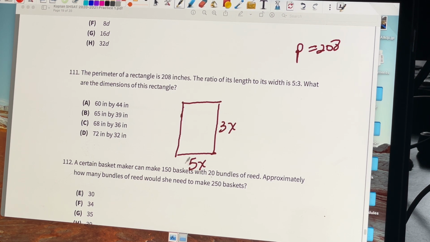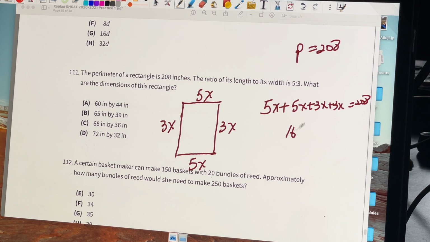All right, so length and width, 5 to 3. Okay, so that's 5x, this is 5x, and this is 3x, this is 3x. So we can go 5x plus 5x plus 3x plus 3x equals 208. That's 16x equals 208. Divide both sides by 16.